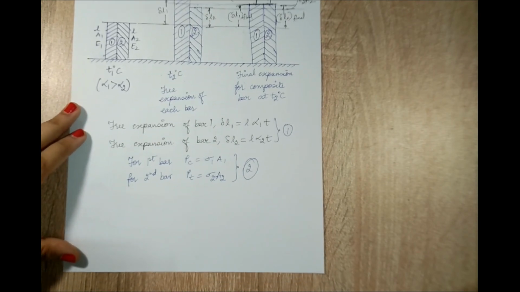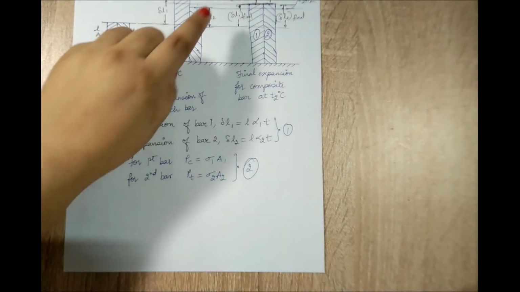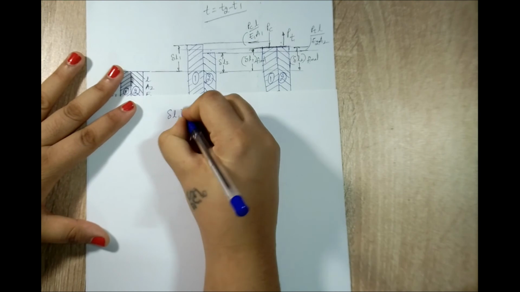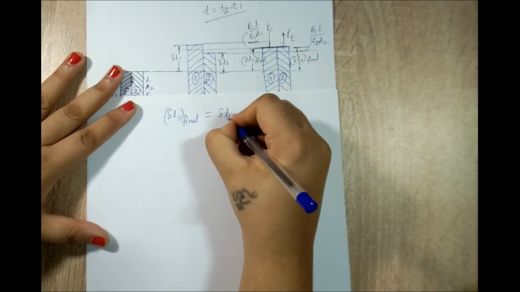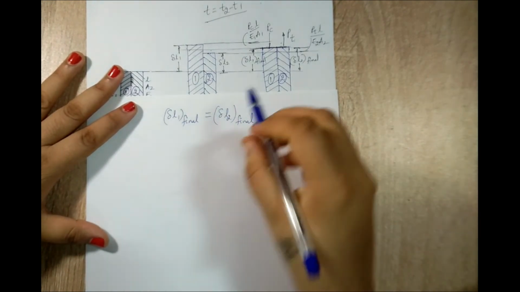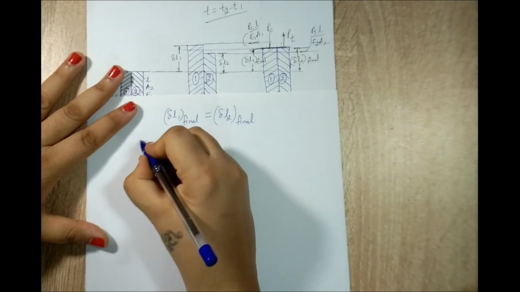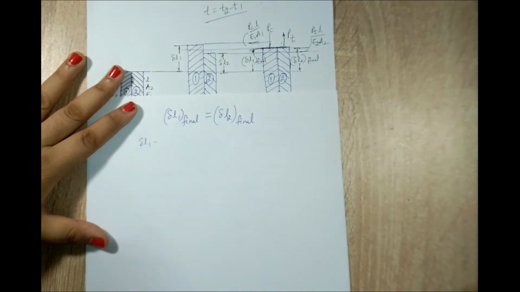Next, we will talk about delta L1 final, which will be equal to delta L2 final over here. So let me write down delta L1 final will be equal to delta L2 final. If you observe carefully, delta L1 final is actually delta L1, that is the free expansion which would have happened, minus this much portion which did not happen.